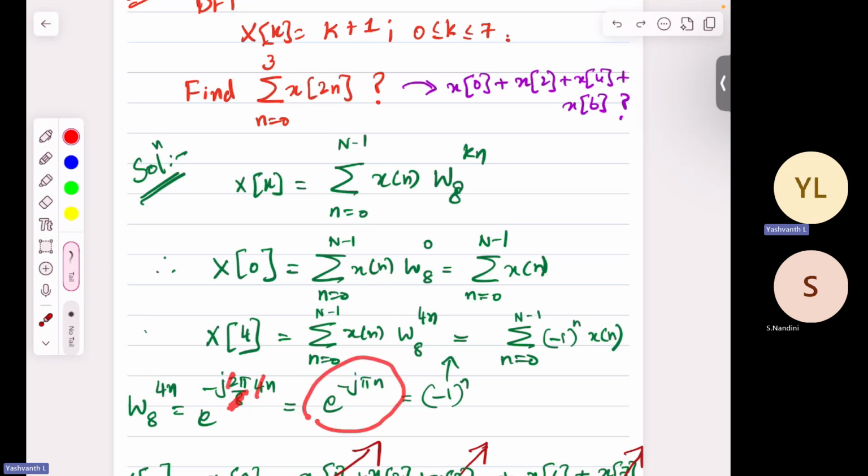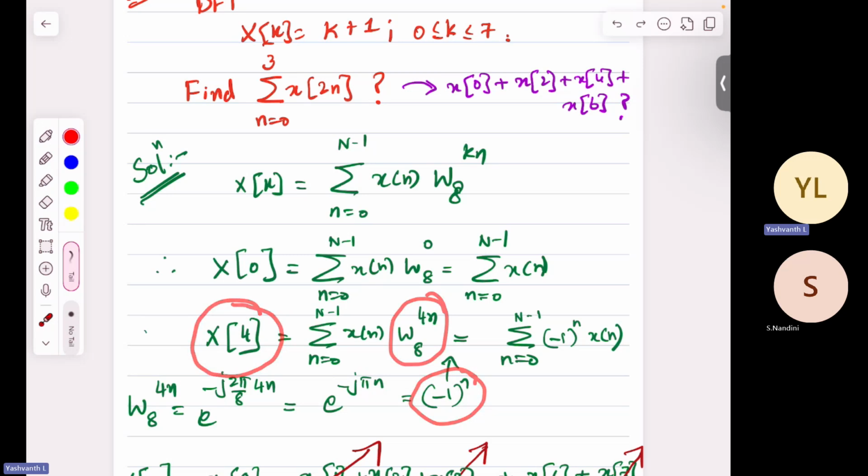So it's e power minus j pi n. But e power minus j pi is minus 1, so it's minus 1 power n. Therefore, W8 power 4n is minus 1 power n. Therefore, your frequency domain X of 4 is the summation n equal to 0 to N minus 1 of minus 1 power n into x of n. Is this clear?